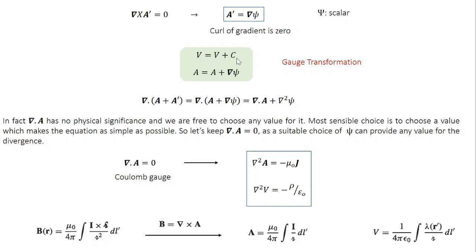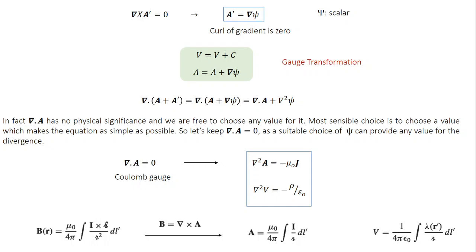So addition of a constant function to electric potential doesn't change the characteristic of the electrostatic field. Similarly, addition of a gradient function to the magnetic potential doesn't change the characteristics of the magnetostatic field. So this is known as gauge transformation. This is very similar to the Galilean transformation you learn in classical mechanics.